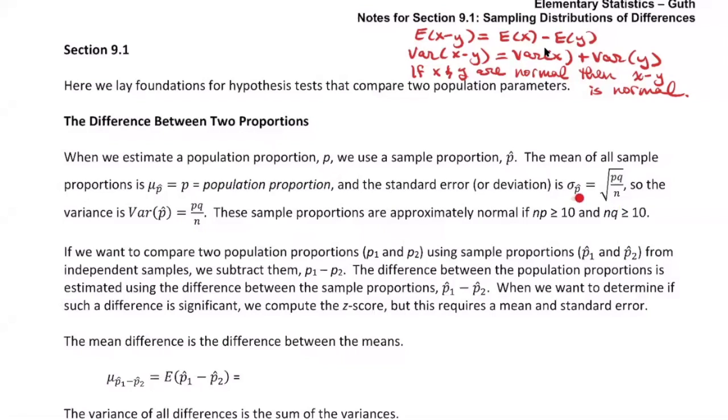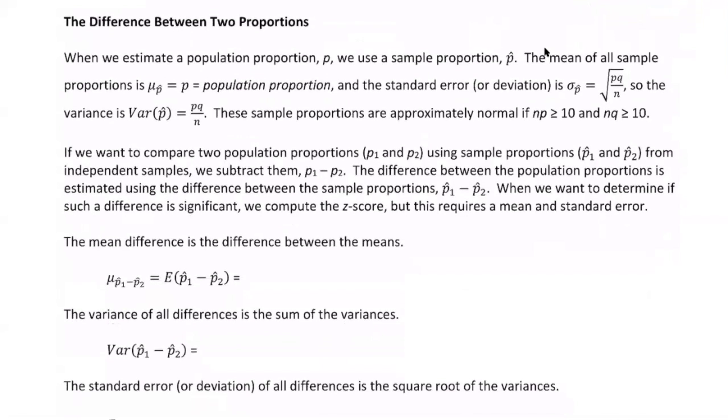That's the standard deviation of p hats, and if you square that, you get the variance of p hat values, which, since squaring makes the square root go away, is just PQ over N. And sample proportions are approximately normal if NP is at least 10 and NQ is at least 10. So all of that's sort of old info. If we want to compare two population proportions, P1 and P2, using sample proportions P hat 1 and P hat 2 from independent samples, we subtract.